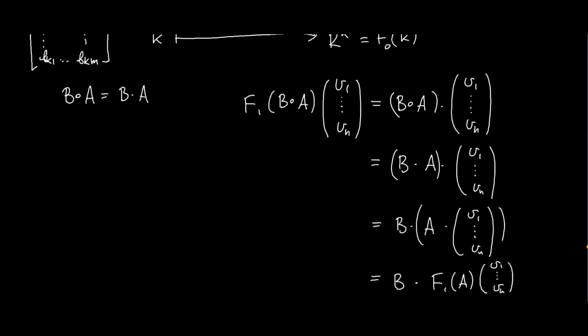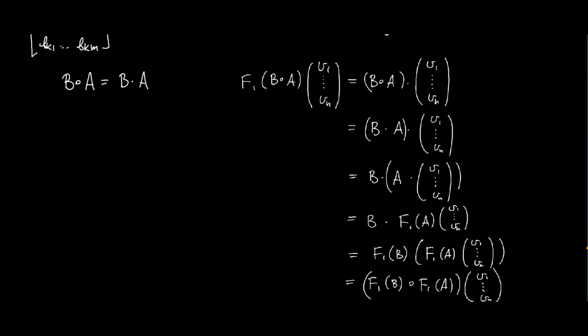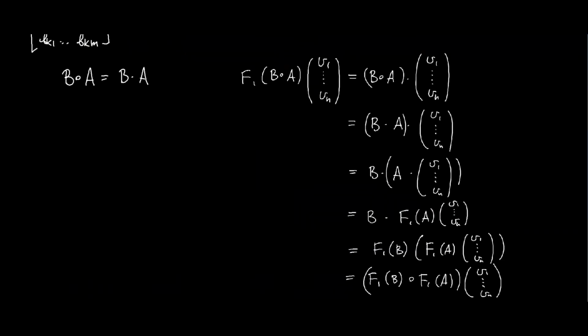So as a result, what do we get? We get something that cannot fit on my screen anymore, so let me make it a bit smaller. As a result, you see, this linear map applies the same way to an arbitrary vector as the other one. So the two linear maps are equal.